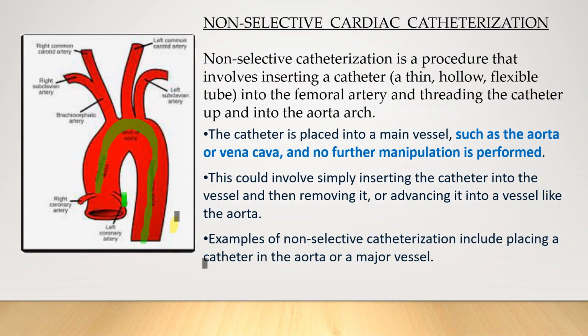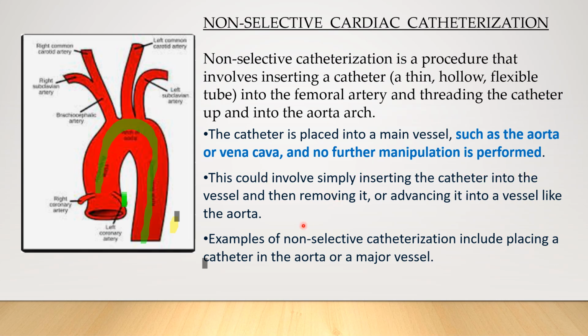So now let us understand the important terminology related to this cardiac catheterization. The first is non-selective cardiac catheterization. What is this? It is a procedure that involves inserting a catheter into the femoral artery and threading the catheter up into the aortic arch. The catheter is placed into the main vessel such as aorta or the vena cava, and no further manipulation is performed.